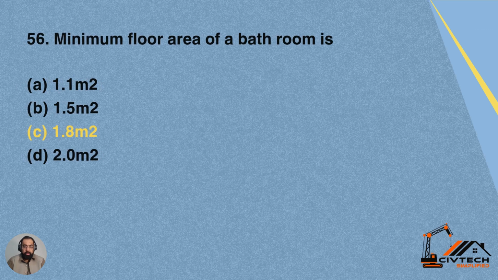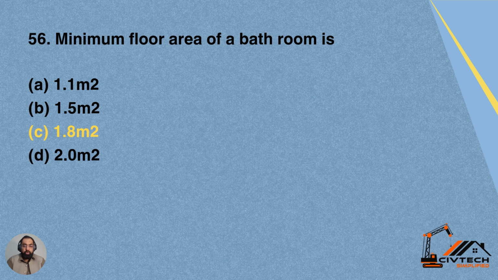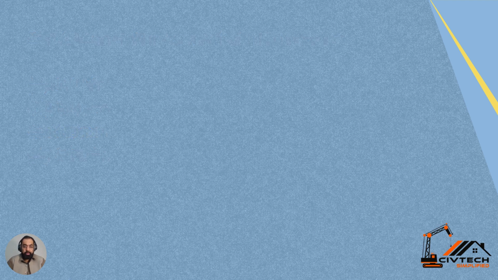Then we have question 56: the minimum floor area of a bathroom should be: A, 1.2 meter square; B, 1.5 meter square; C, 1.8 meter square; D, 2 meter square. So option C is correct. The minimum floor area of a washroom should be 1.8 meters square.